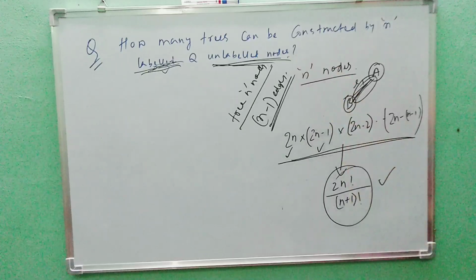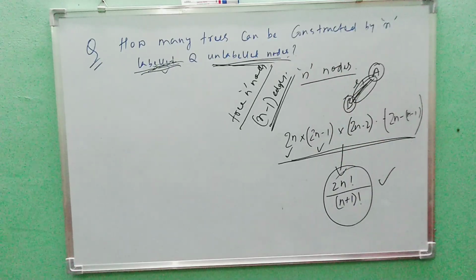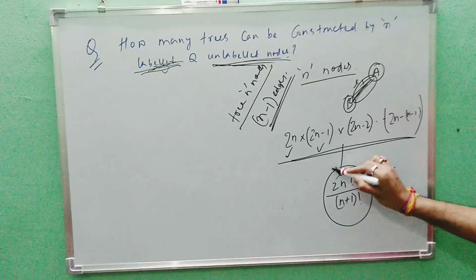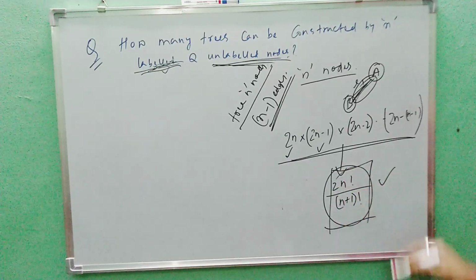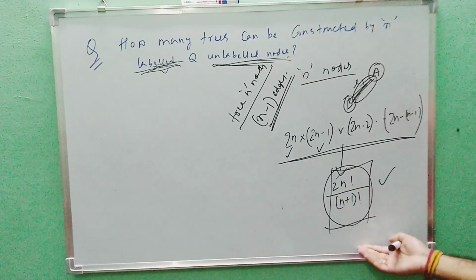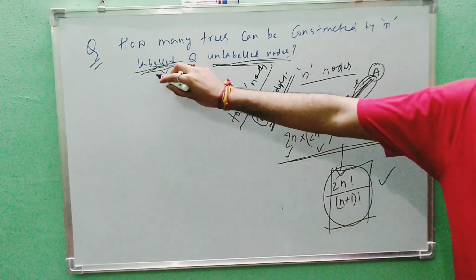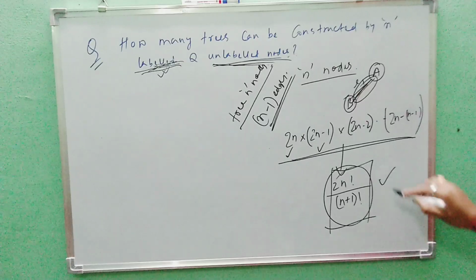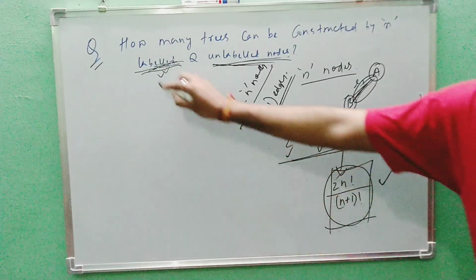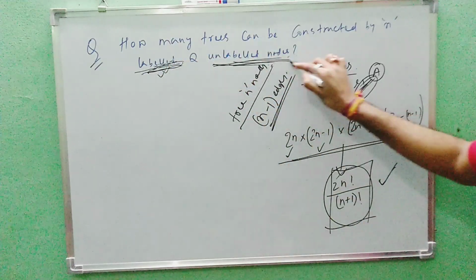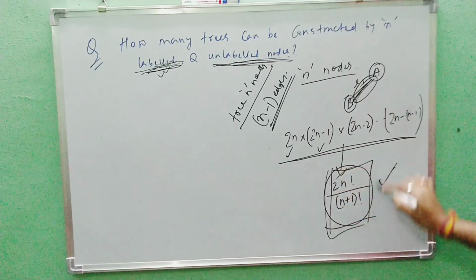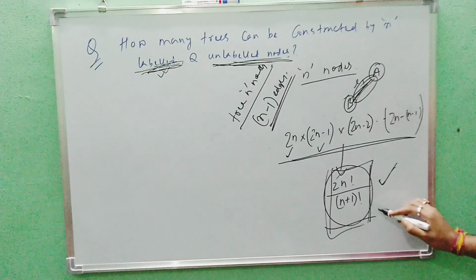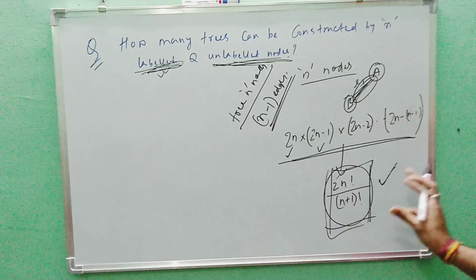Now for unlabeled nodes, what will be the formula? Obviously, we have got this answer for labeled nodes, meaning this many total permutations are possible with n nodes. This indicates that this overall number of trees is possible.